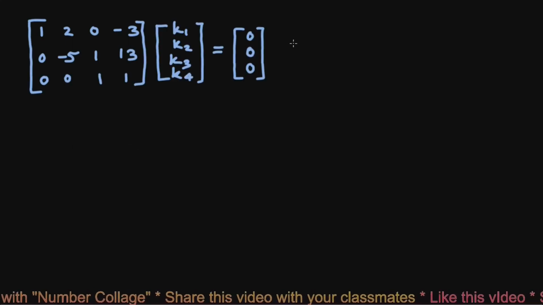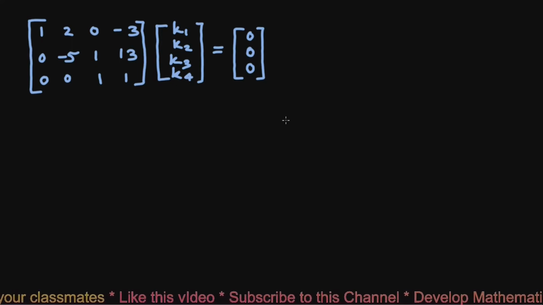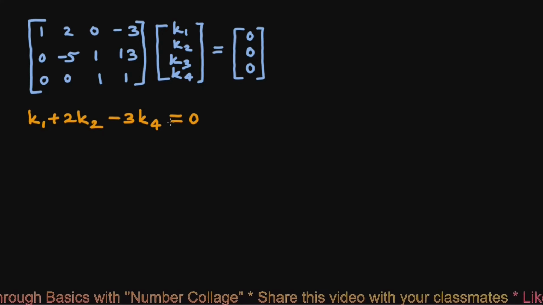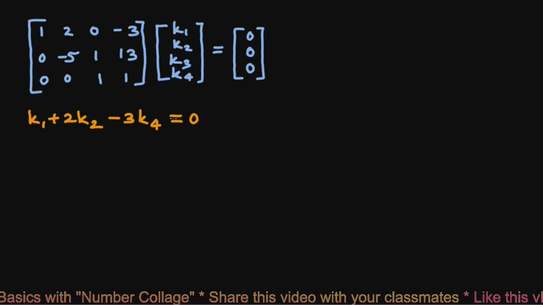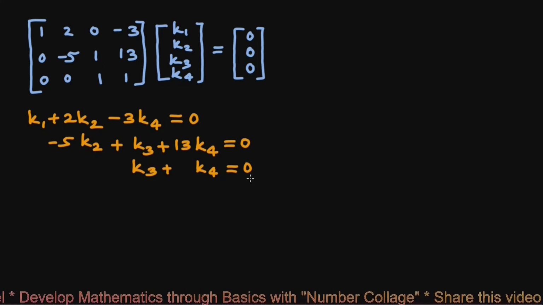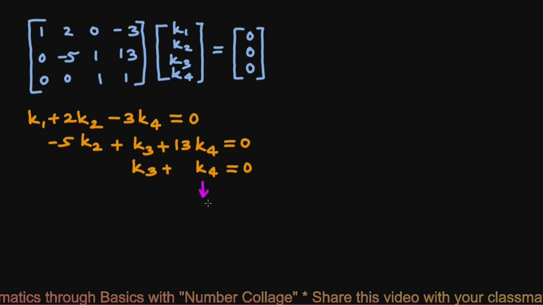Matrix multiplication gives the linear equations k1 plus 2k2 minus 3k4 equals 0, minus 5k2 plus k3 plus 13k4 equals 0, and k3 plus k4 equals 0.